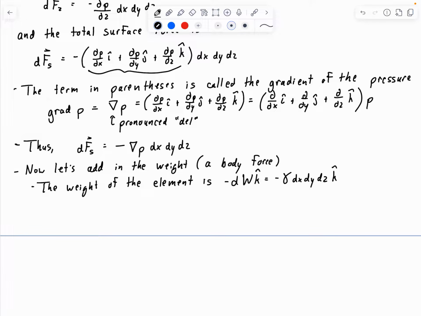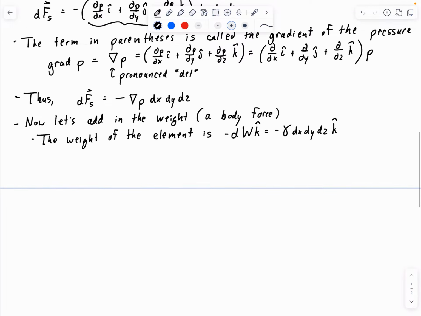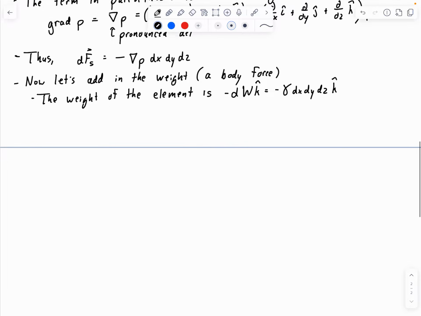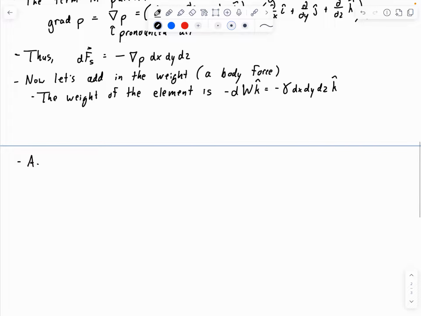And again, that's in the k direction. So now we have our forces. We have our surface forces, which are pressure, and we have our body force, which is weight. And now we can apply Newton's second law to this element.